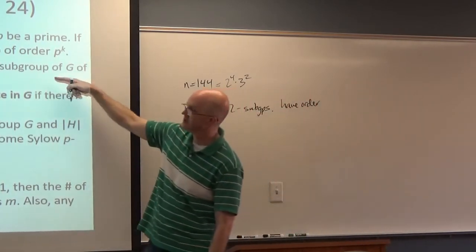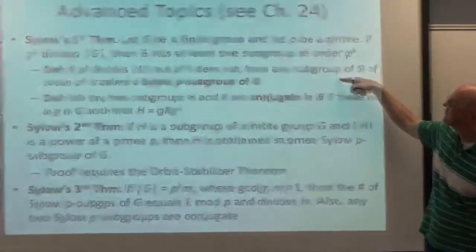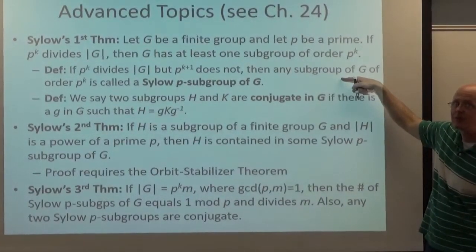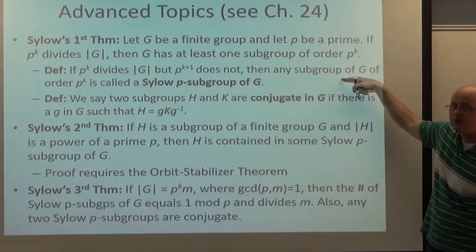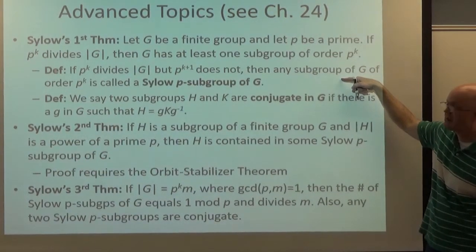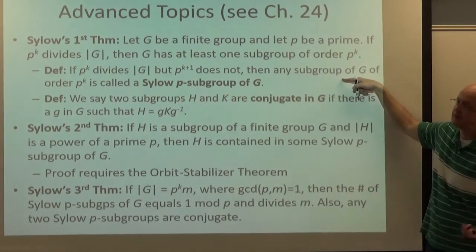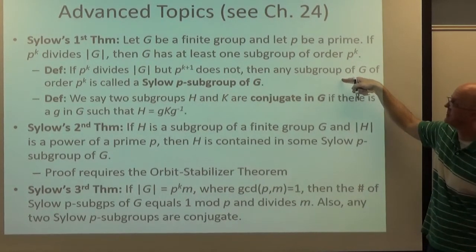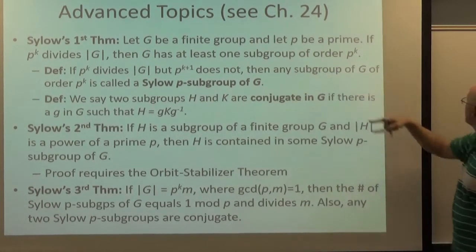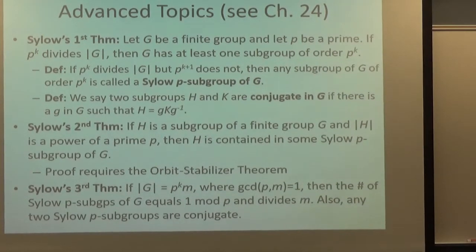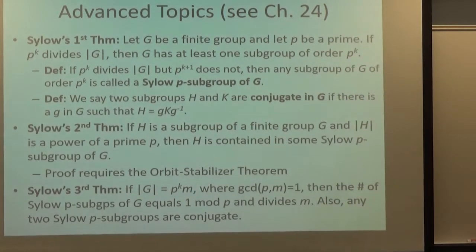If you look at this definition up here, that's what that would tell you. 2 to the 4th is the highest power of 2 in the prime factorization of 144. So for any group of order 144, abelian or not, this applies to non-abelian groups too, the Sylow 2 subgroups would have order 2 to the 4th, 16.